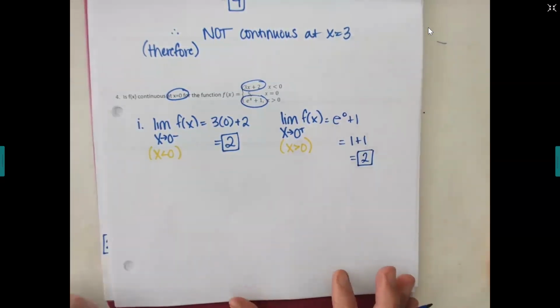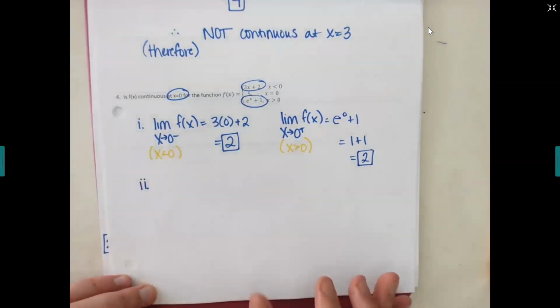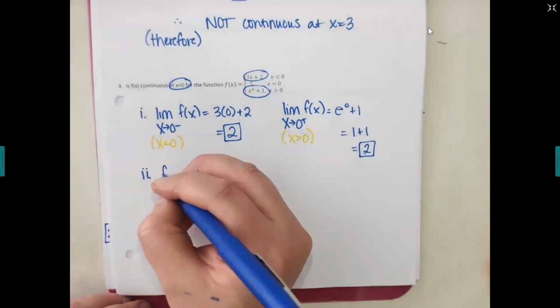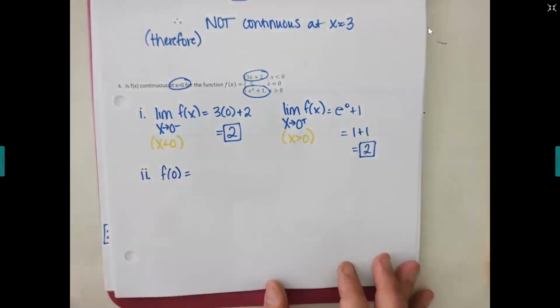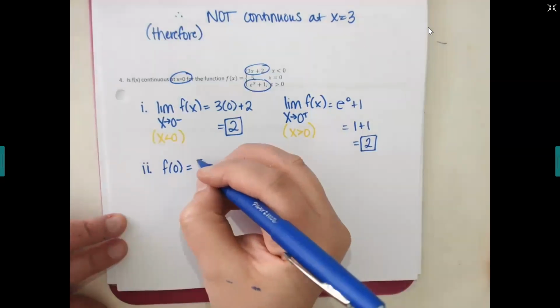Condition number 1, did the left and right come out the same? Yes. Then we go on to condition 2. Condition 2 is I need to find where my closed dot would be, so I'm looking for f of 0. Looking at your piecewise, if I want f of 0, is that x less than 0, greater than 0, or equal to 0? Equal to 0 means I'm picking the middle piece, which is a 5. Did I get a y value?